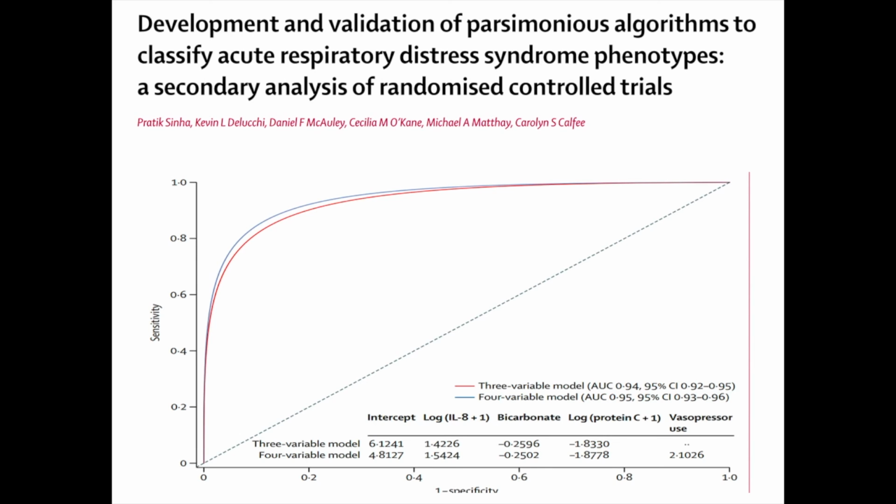It increased the area under the curve to 0.95, which is the predictor for mortality. So what we see here is that use of these parameters helps in better predicting a phenotype, that is phenotype 2, the hyperinflammatory ARDS, can be predicted by using these biomarkers.